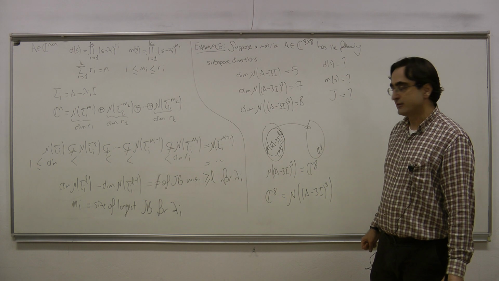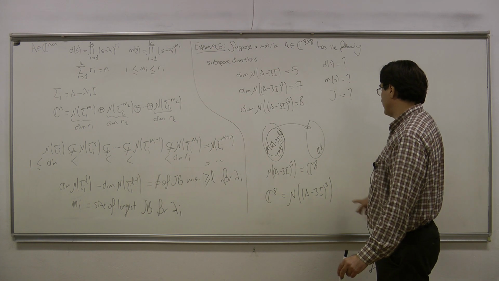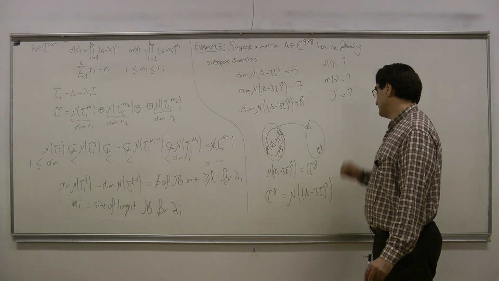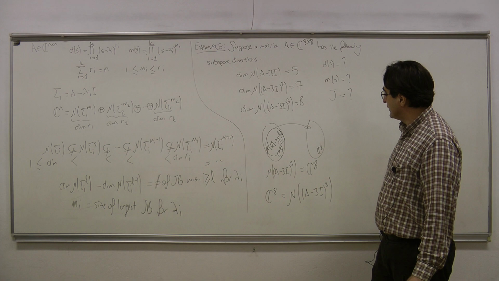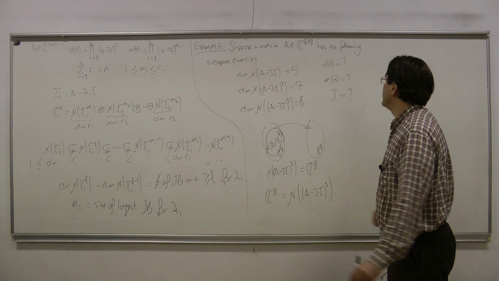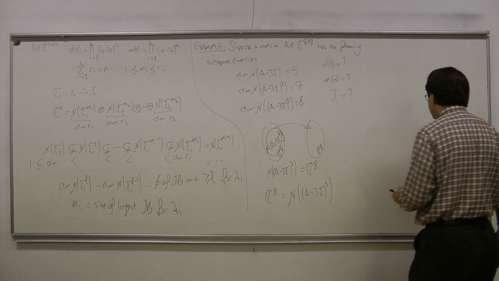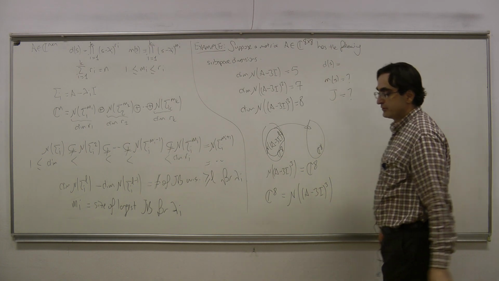Because if there were other eigenvalues, I would have added some additional subspaces here. But since there is no additional subspace here, I see that there is only one eigenvalue of this matrix, which is equal to 3.